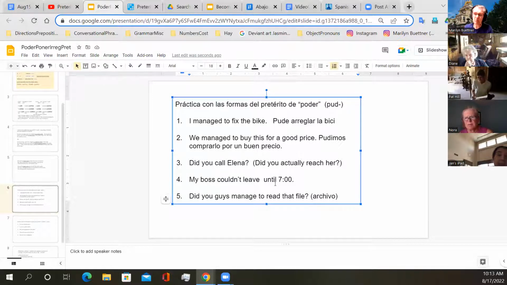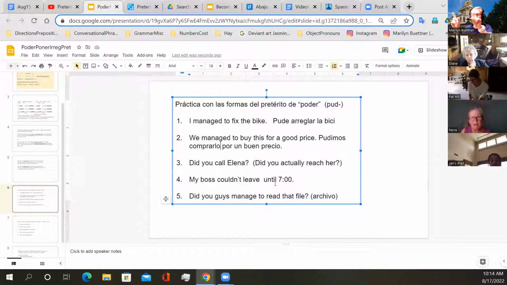And is that pretty close to saying we bought this? Yeah, it's saying we bought it. So it's not a huge difference. It's getting across the main idea, right? Could you use lo instead of saying esto? Yes, but you'd be saying it instead of this. So do you get the main idea across by using lo? Yeah, you still do. Okay, so pudimos comprarlo o es posible decir lo podimos comprar.